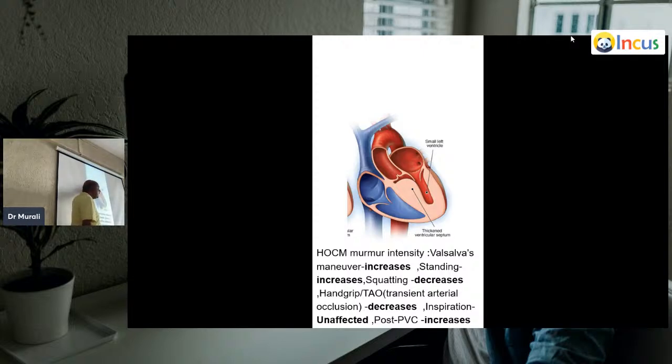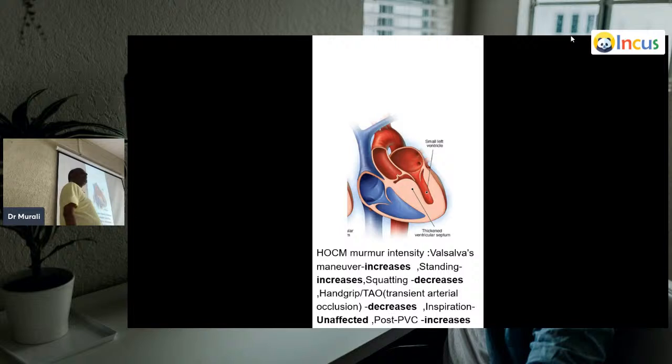It is the pressure inside the aorta. If the pressure inside the aorta is high, reflexively what will the ventricle do? It will use a greater pressure to push the blood. When it is using greater pressure to push the blood, will this touching matter, or will it overcome? It overcomes. It doesn't matter.